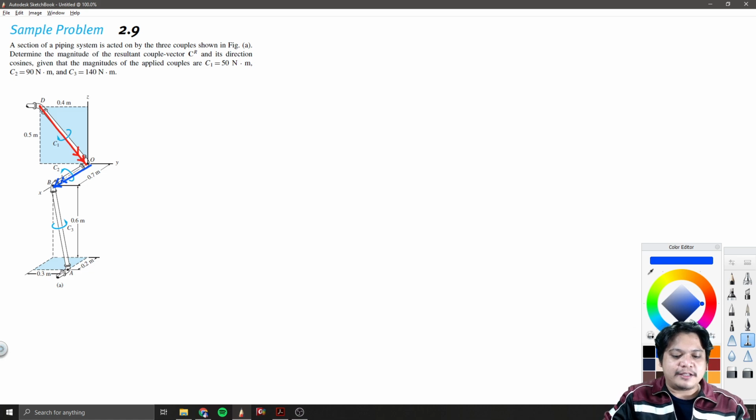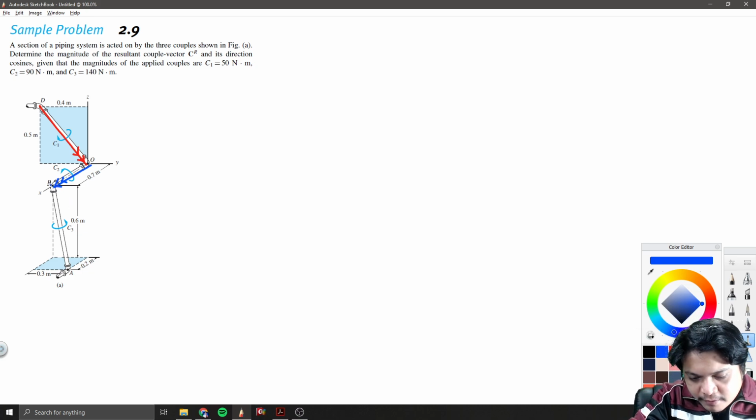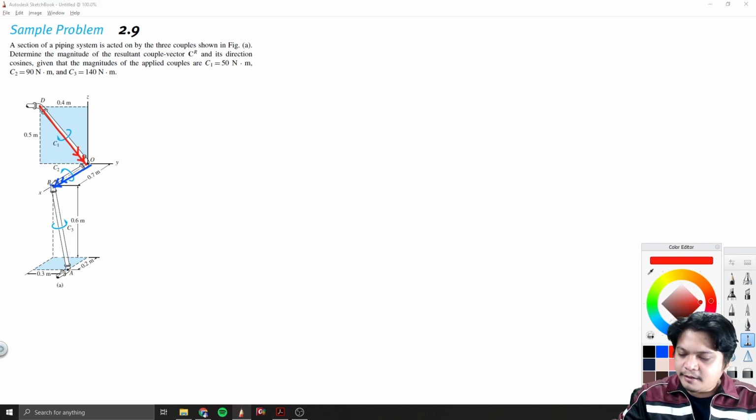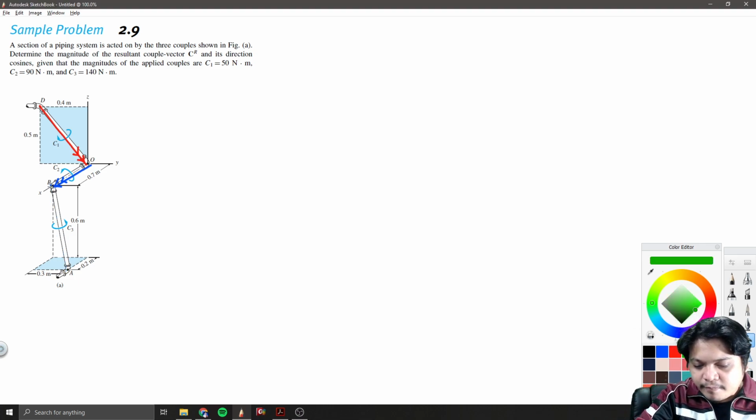Pero, this C3, paano dapat ang aking C3? Kasi yung ruler ko eh. So, we will be having here C3. Ay, baguhin ko pala yung kulay. Green. I will be having here. Dapat, pag ganyan siya.